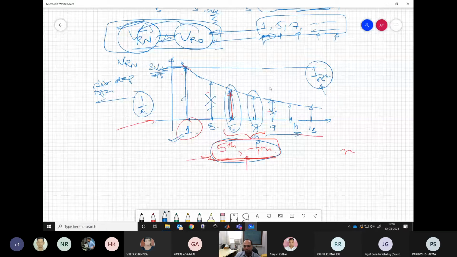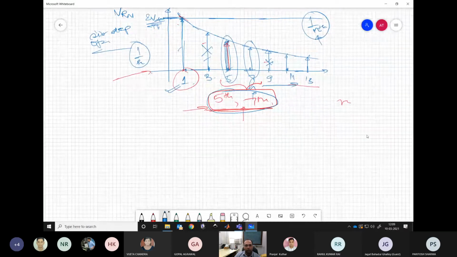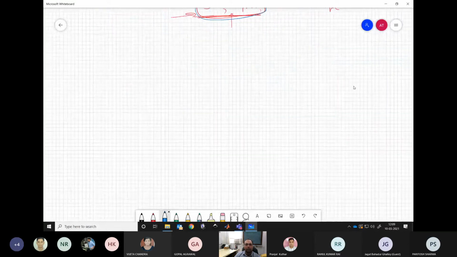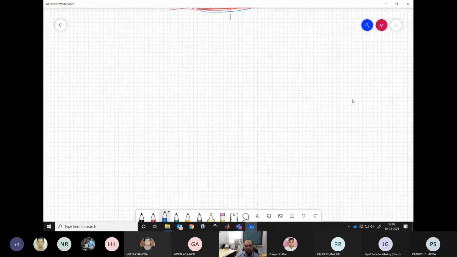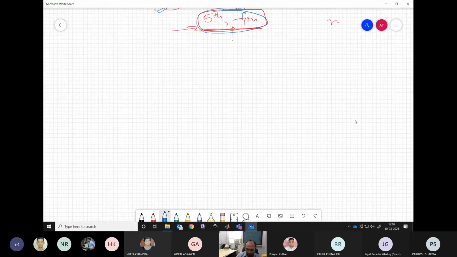Now we will try to understand how and what can be done to at least reduce some of the harmonics, or let's say if we can eliminate some of the harmonics from the system. So we know that if we have any waveform and we try to introduce a degree of freedom in that, 1 degree of freedom means we have the liberty to change the fundamental only.